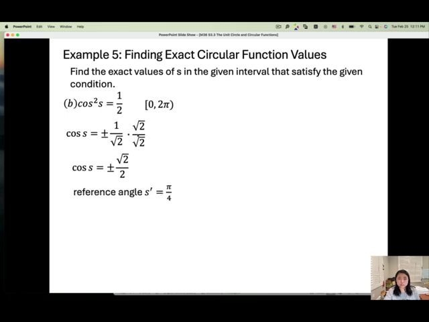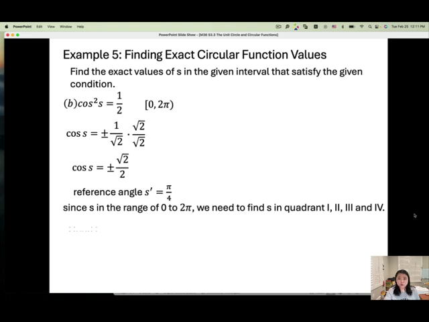I tried to rationalize, but if you notice that 1 over rad 2 is 45 degrees, you don't have to rationalize here. S in the range from 0 to 2 pi, we need to find S in quadrants 1, 2, 3, 4. So we're going to do it one by one here.